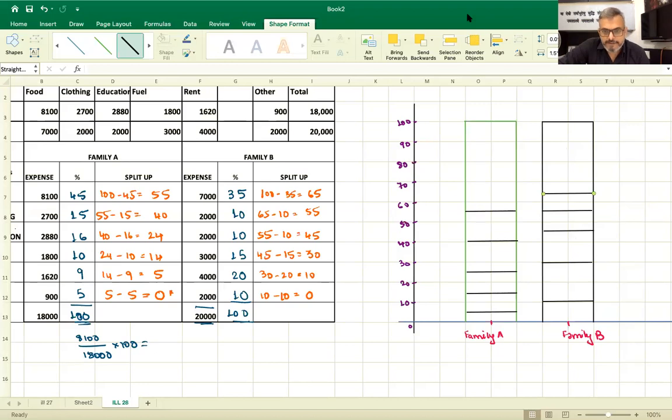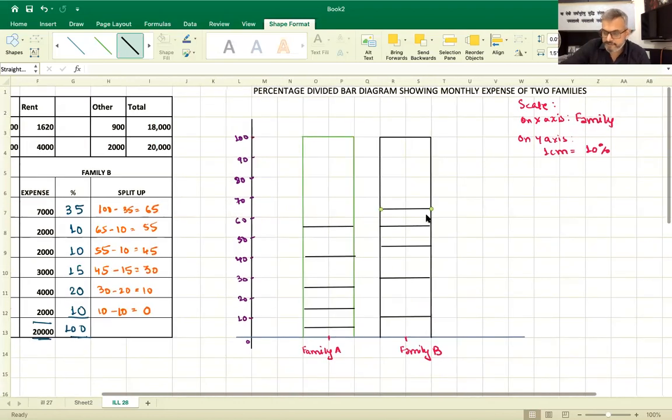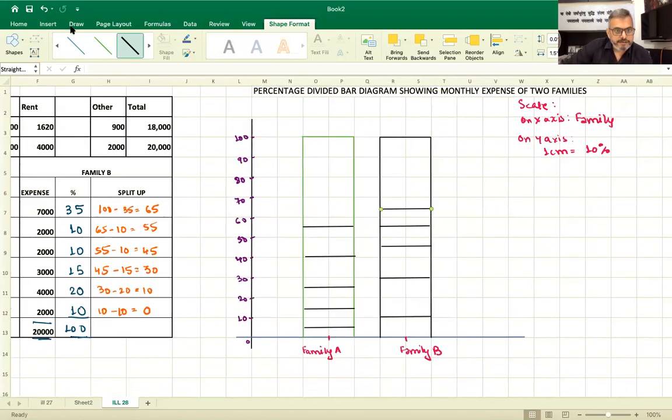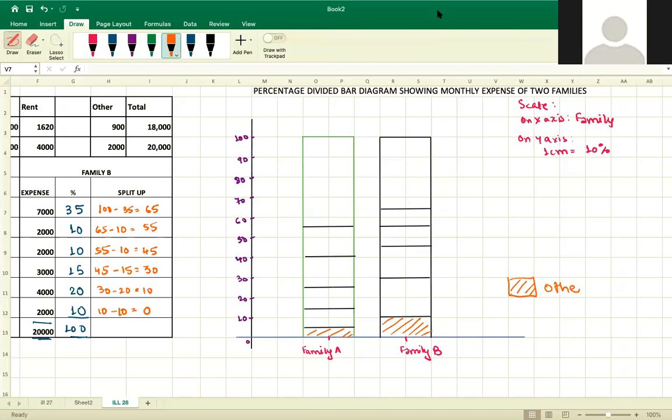Now again we start shading it. We can use different lines or symbols to shade. So family A, I will use slanting lines which shows others. Sir, done. Okay, great.